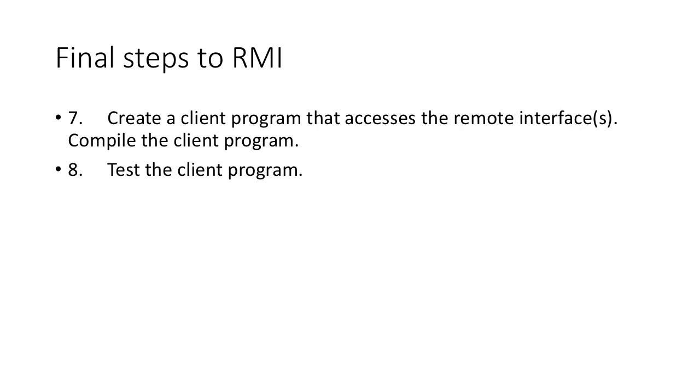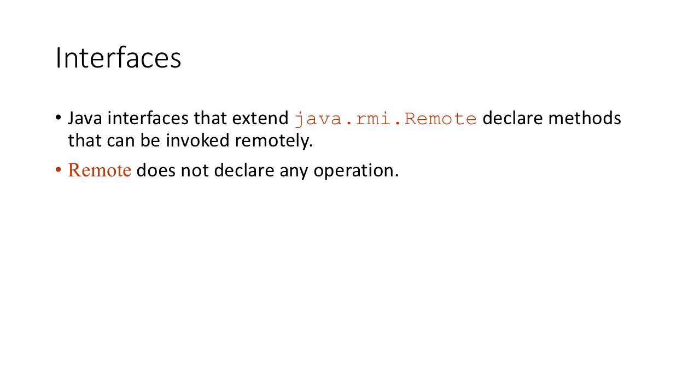After you're done with that, you create a client program that accesses the remote interface, you compile the client, and you test the client program. All of this assumes that your services are going to be debugged before they're distributed. The interfaces subclass or extend the java.rmi Remote interface, and then they declare methods that can be invoked remotely.